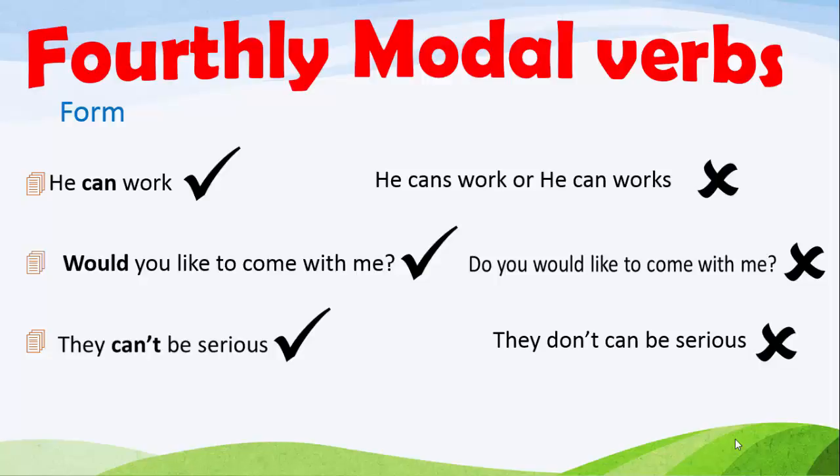You can say shouldn't, or mustn't, or can't, or couldn't, or won't, or will not, and wouldn't. I mean, you can put the modal verbs in the negative case. Because of that, it's correct to say they can't be serious, and it's not correct at all if you say they can be serious.